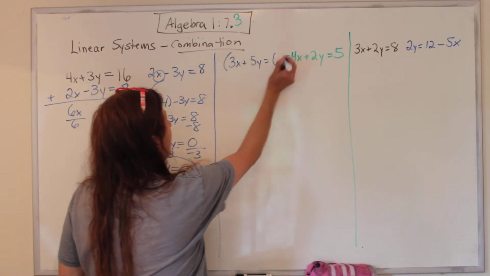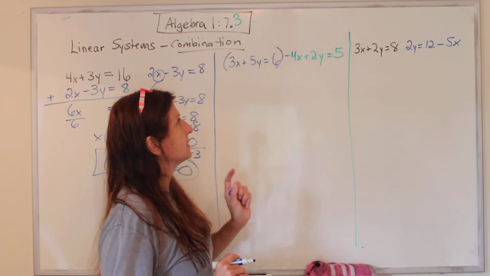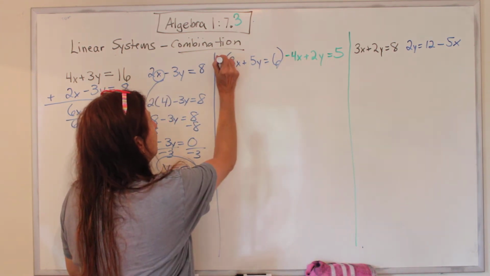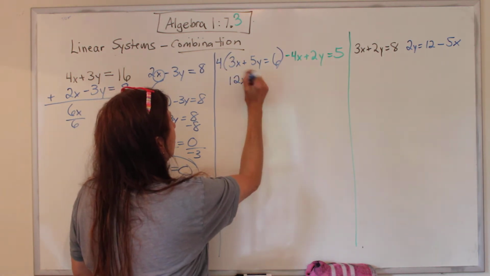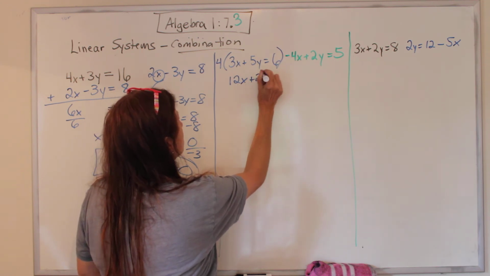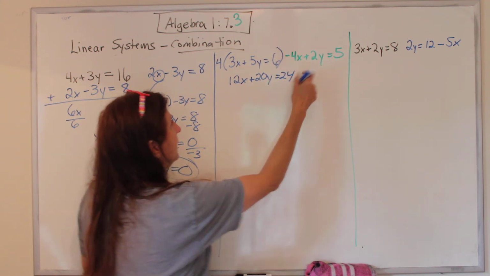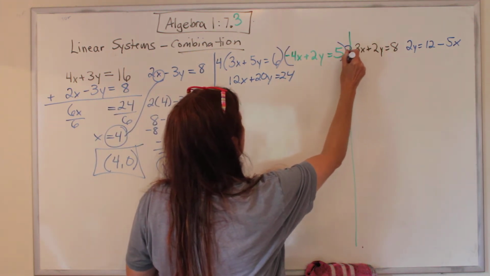So in math, I'm allowed to do anything I want as long as I do it to both sides of the equals. And what I want to do is multiply by 4. 3 times 4 is 12, 4 times 3x. 4 times 5 is 20y. 6 times 4 is 24. Now I do this one, and I'm going to multiply it times 3.